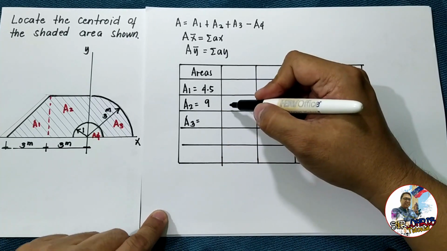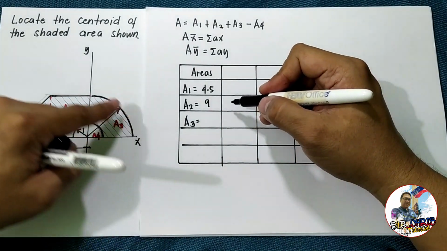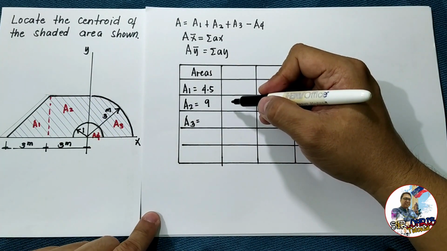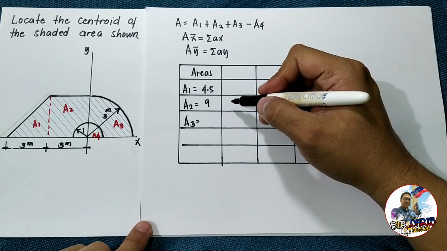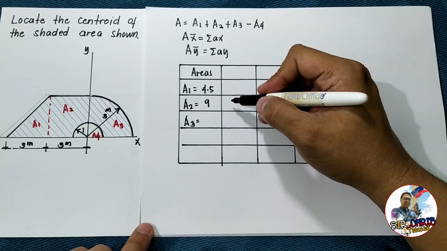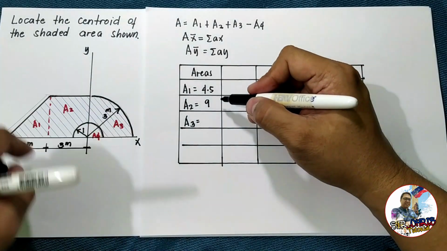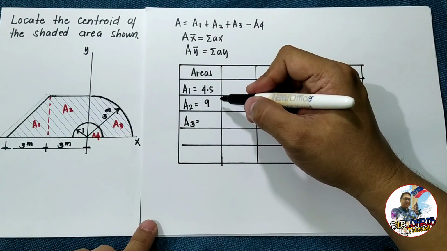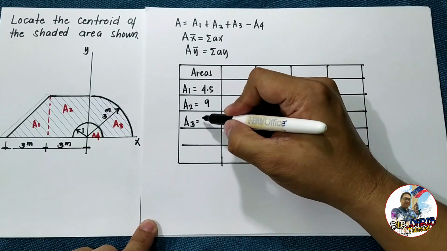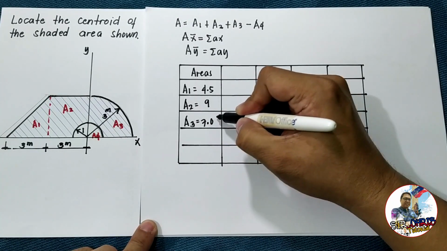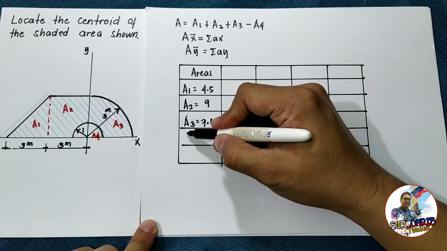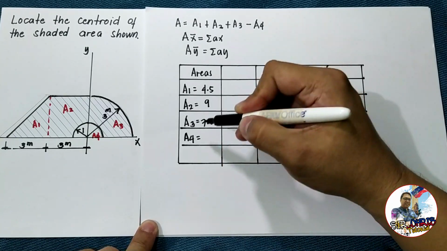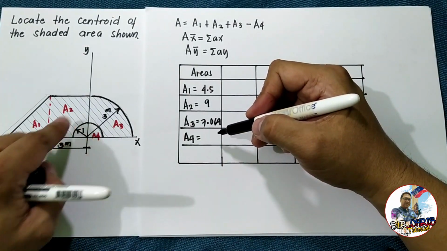Area 3 is equal to the area of this quarter circle. So we have 1/4 of pi r squared. The area of the circle is pi r squared, so 1/4 of that would be 7.069. Area 4 is the area of that half circle.